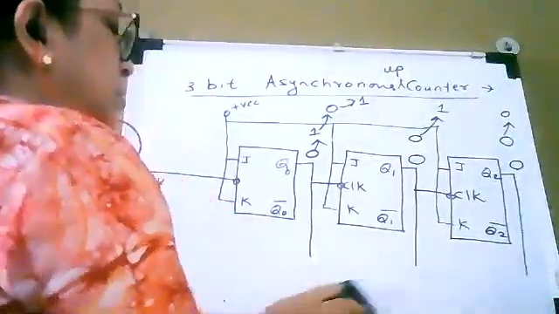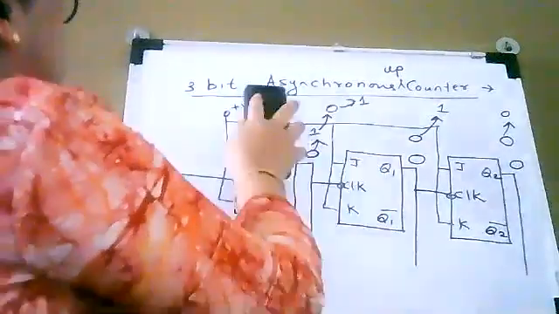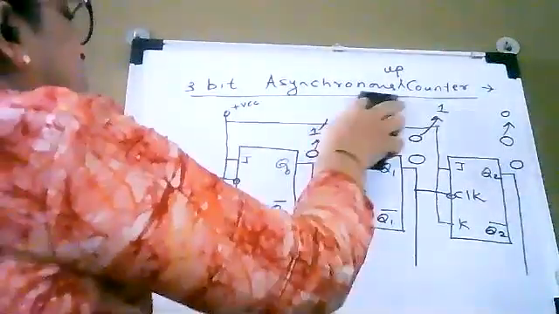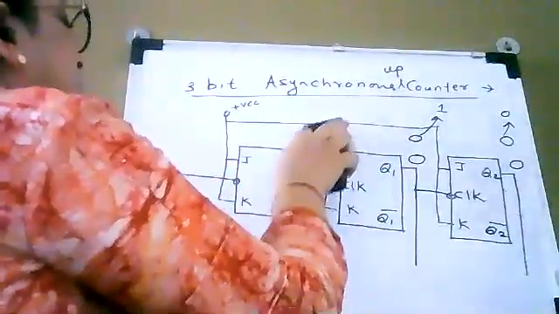Once you understand this up counter, it will be easy for you to understand the down and bidirectional counter.